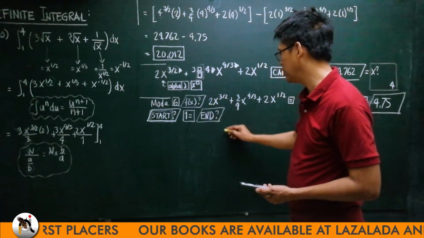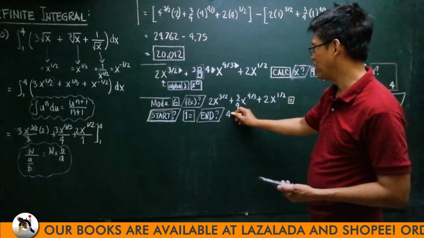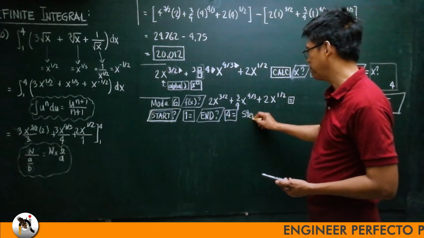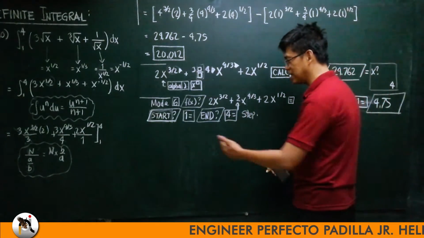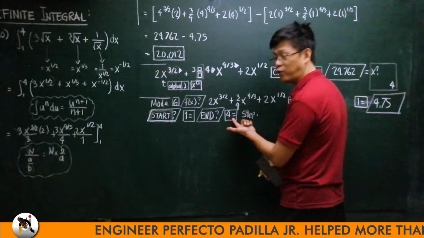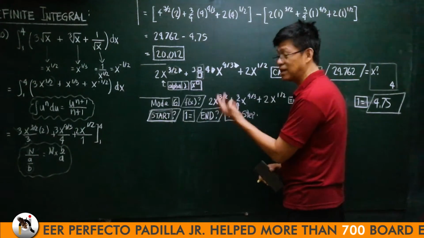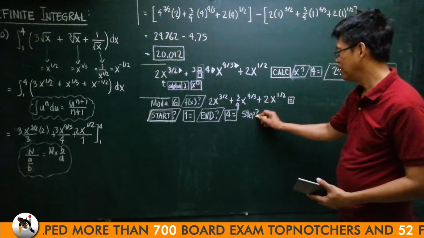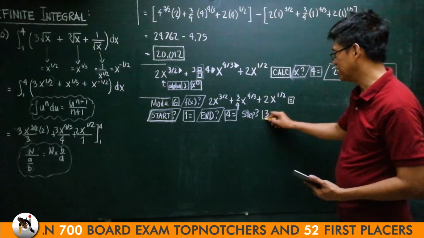Then you input 4 equals. Then your calculator will ask you step. Since we are not interested with a value between 1 and 4, you just press step 3. So that 1 plus 3, 4. Step, you press 3 equals.